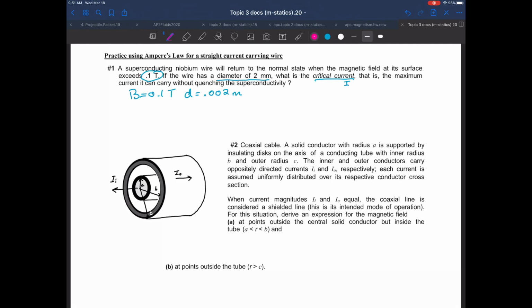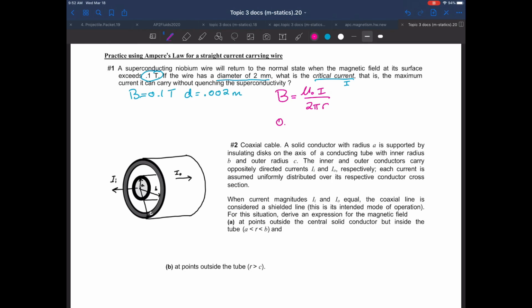Okay, so here we can set up the equation we derived on the other page. B of a straight wire is mu naught I over 2 pi r, and r is how far we are from the wire. In this case, we're going to be at its surface.